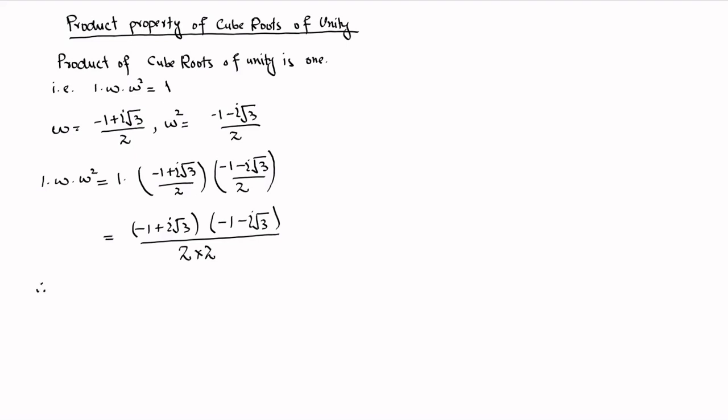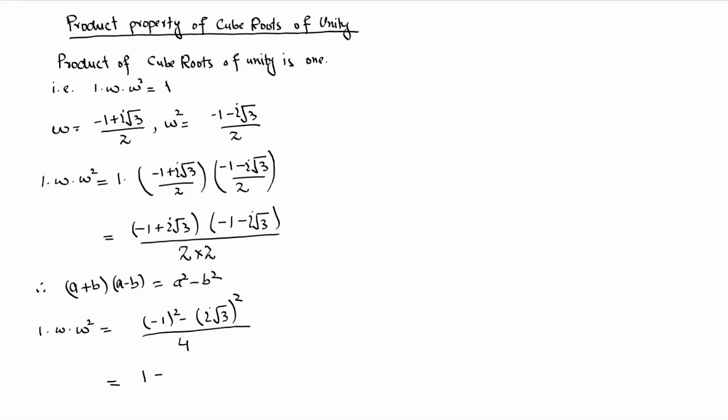In the numerator we will use the formula (a plus b) into (a minus b) is equal to a square minus b square. So 1 dot omega square is equal to minus 1 whole square minus iota square root 3 whole square, and 2 multiplied with 2 is 4. Square of minus 1 is 1, and the square can be separated for iota and square root 3.